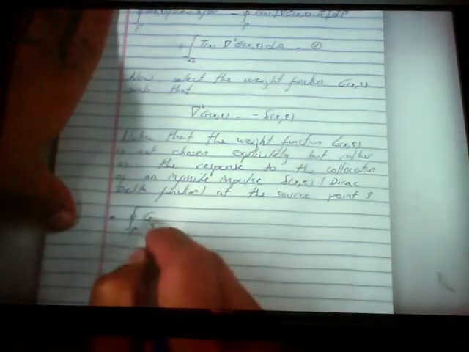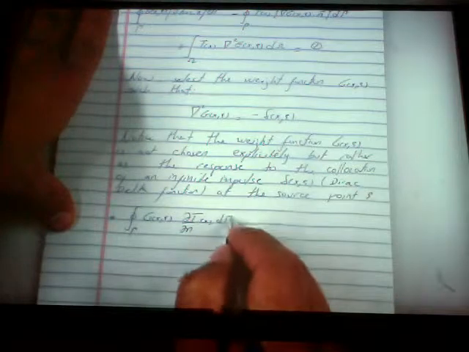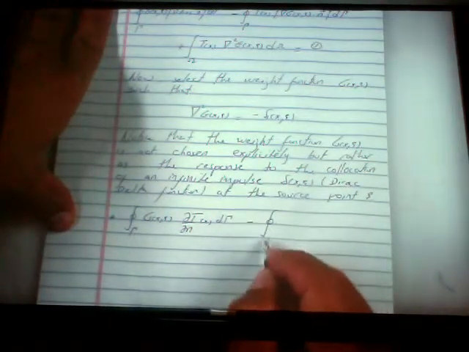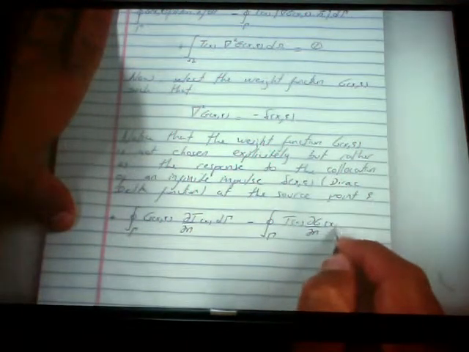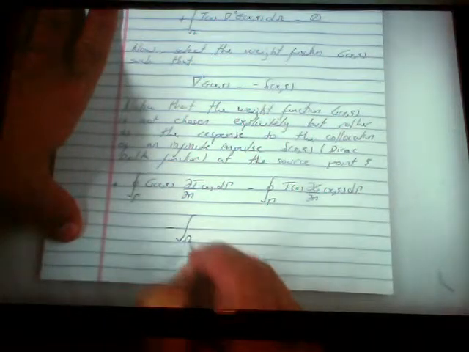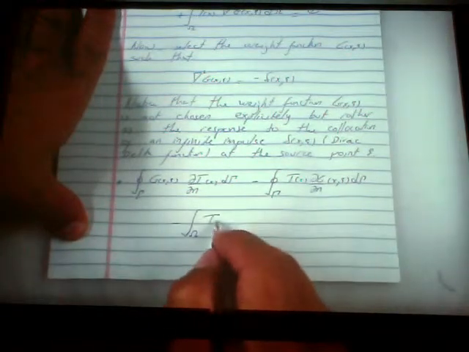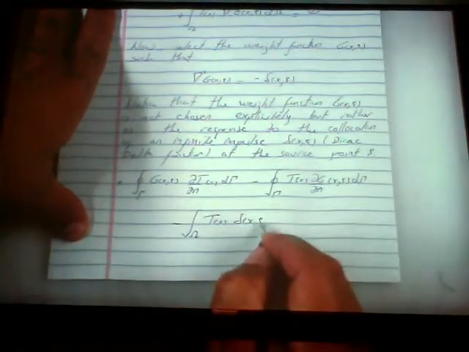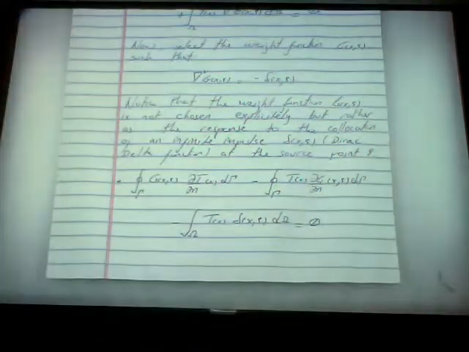So this leads to the integral over gamma of g dt/dn, minus the integral over gamma of t dg/dn, and now we have a minus the integral over the domain of t times the Dirac delta function, d omega, is equal to 0. This is what we have so far.